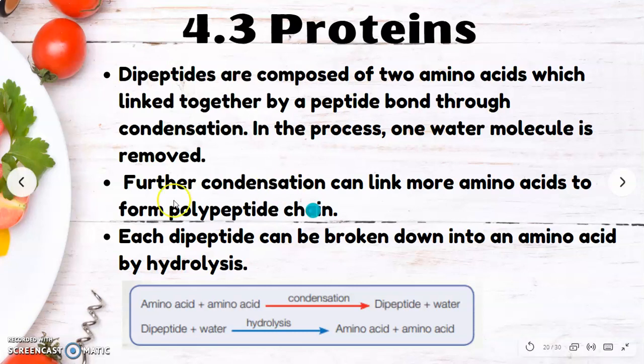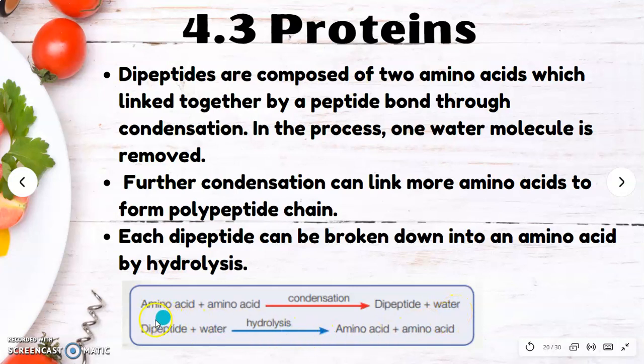Each dipeptide can be broken down into amino acids by hydrolysis. Please look at the diagram here. This is the amino acid. An amino acid links with another amino acid by the condensation process, it will form a dipeptide and remove a molecule of water.